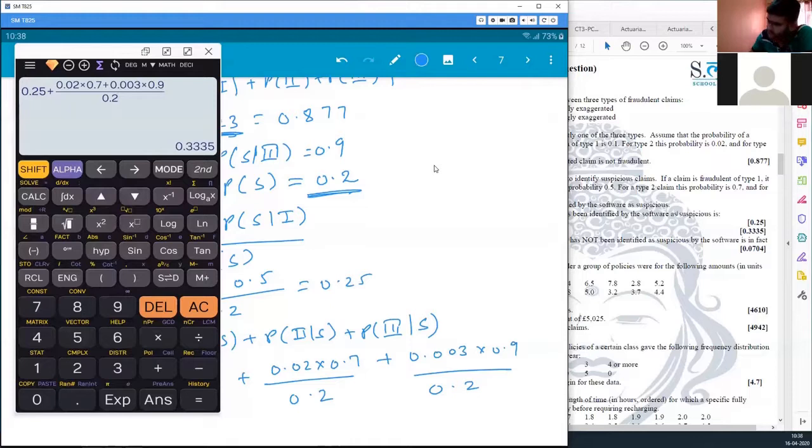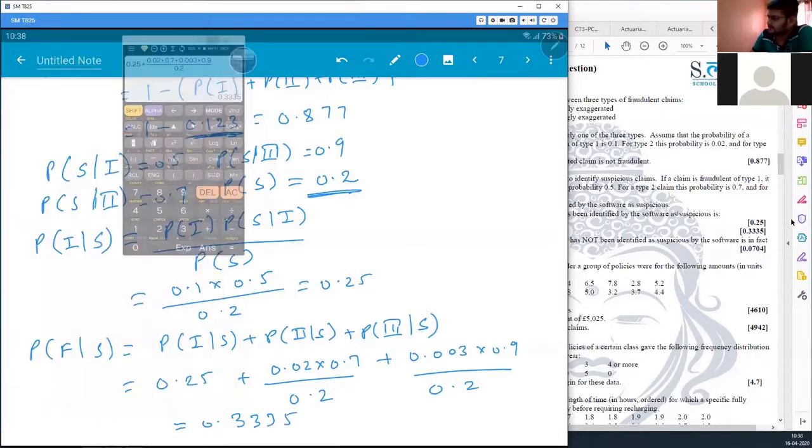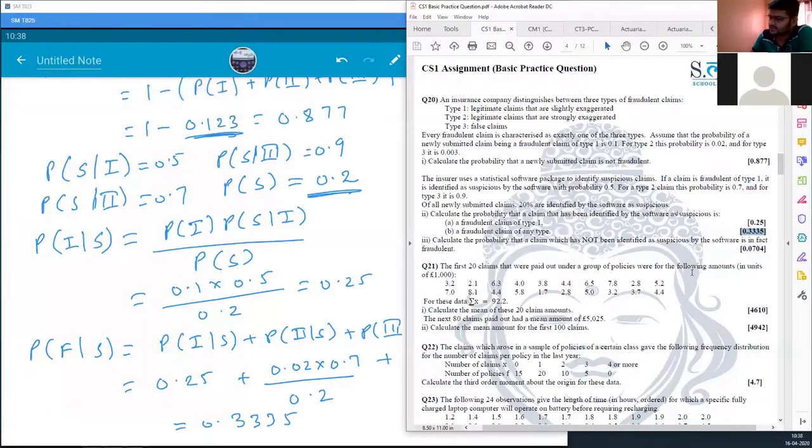So our answer is 0.3335. You can see that is what the answer here is. This is the probability of a fraudulent case given it was suspicious.